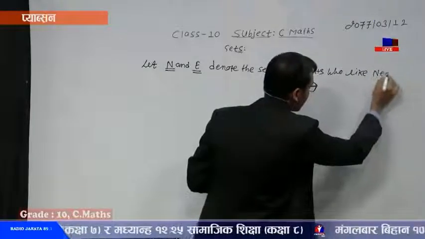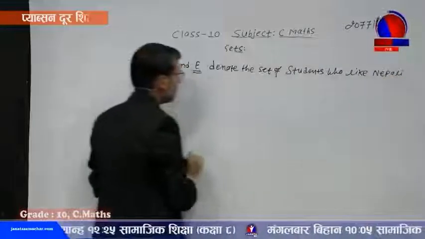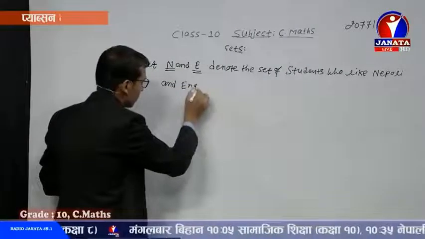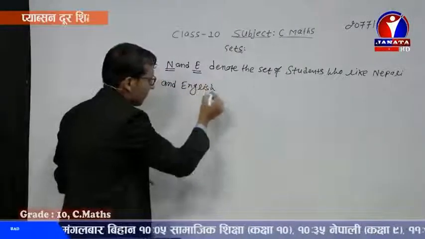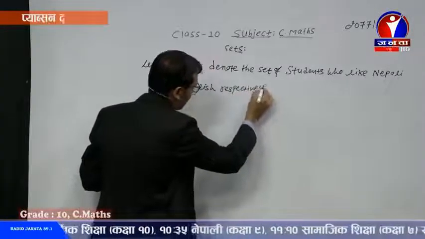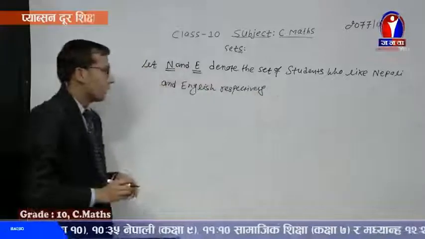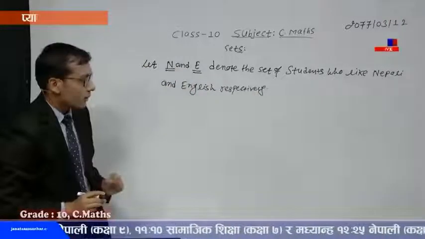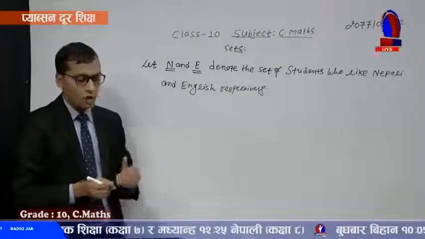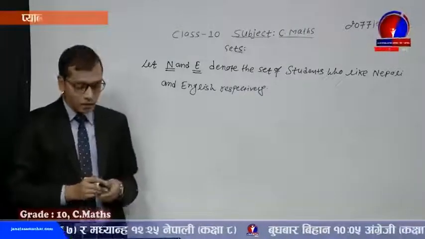Let N and E denote the set of students who like Nepali and English respectively. So what is the total number of students in a classroom?